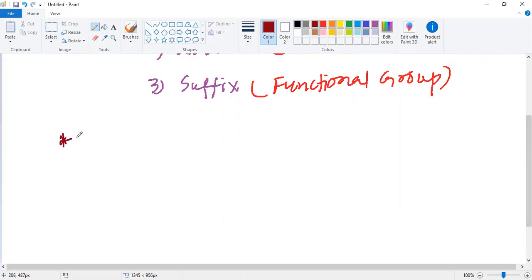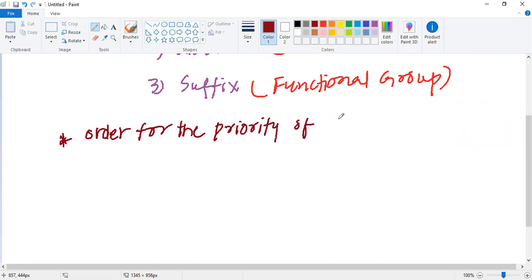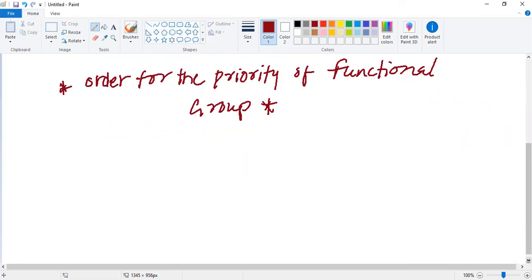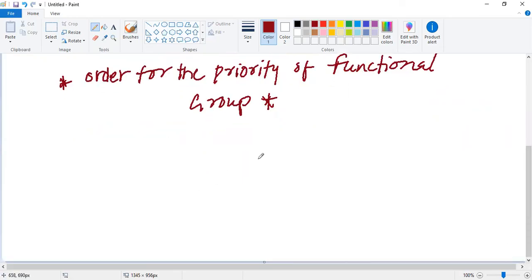Please remember the order for the priority of functional groups. That is what I want you to learn about. Please learn this order also. It is going to be very important for us to understand and remember the order for the priority of the functional group.